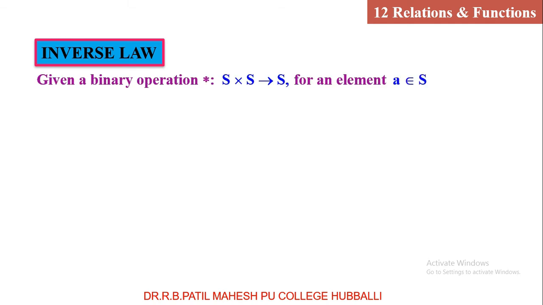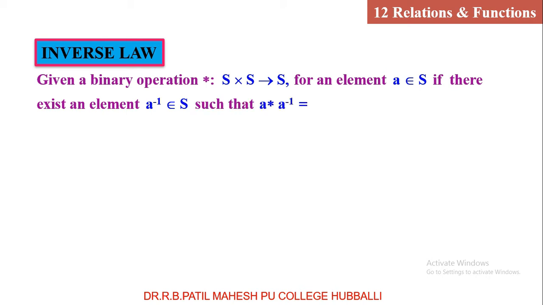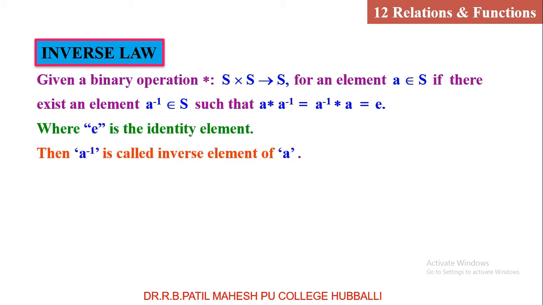Given a binary operation star from S cross S to S, for an element A belongs to S, if there exists an element A inverse belongs to S such that A star A inverse is equal to A inverse star A, that should be equal to the element E, where E is the identity element, then A inverse is called the inverse element of A. Try to understand, students. This is the definition of inverse law. This box you have to understand.